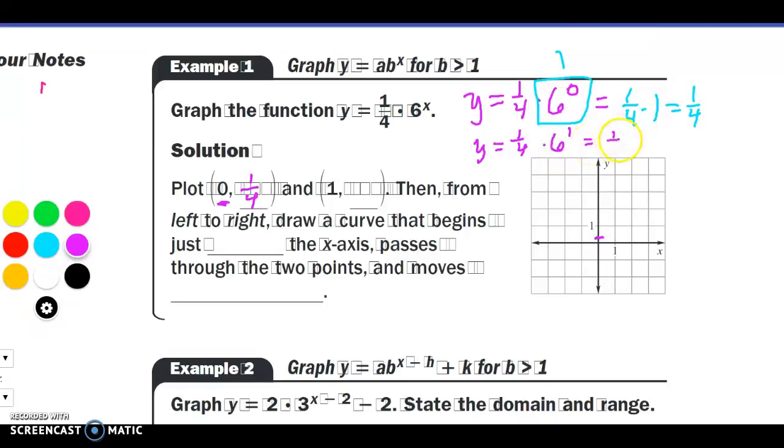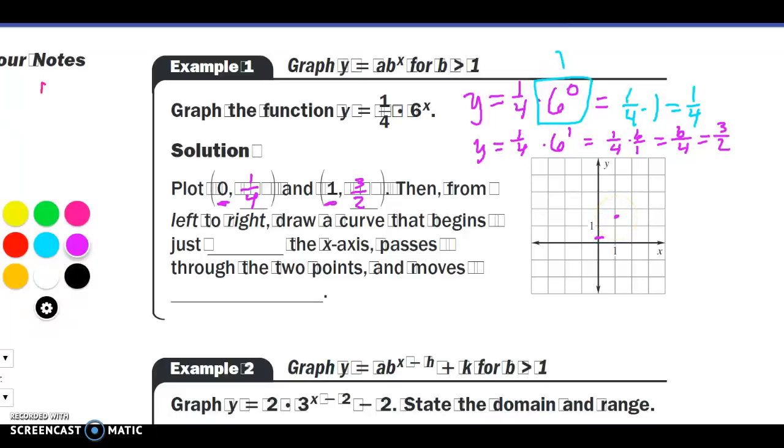Well, 6 to the first power is 6, so I'm going to put 6 over 1, so I can multiply straight across. 1 times 6 is 6, 4 times 1 is 4. We're going to reduce that fraction to 3/2. So when x is 1, y is 3/2, which is 1.5. So I'm going to come over here and go on my x-axis to 1 and up to 3/2.